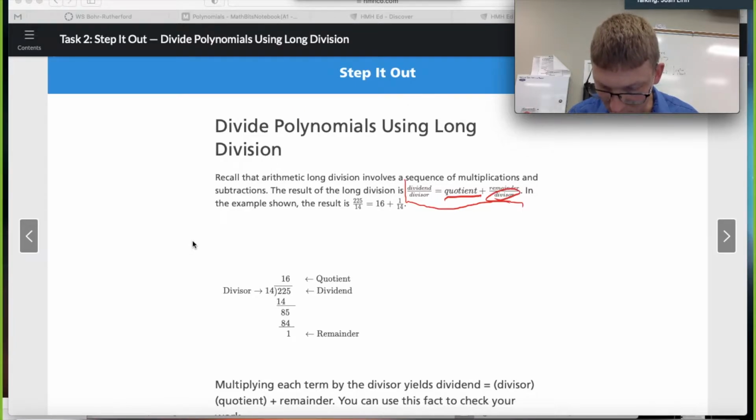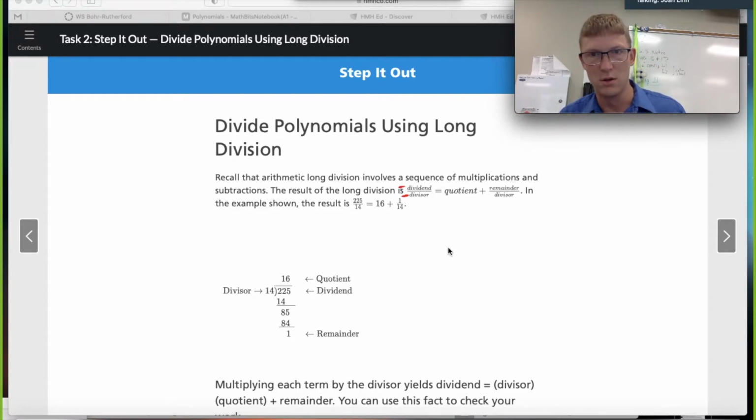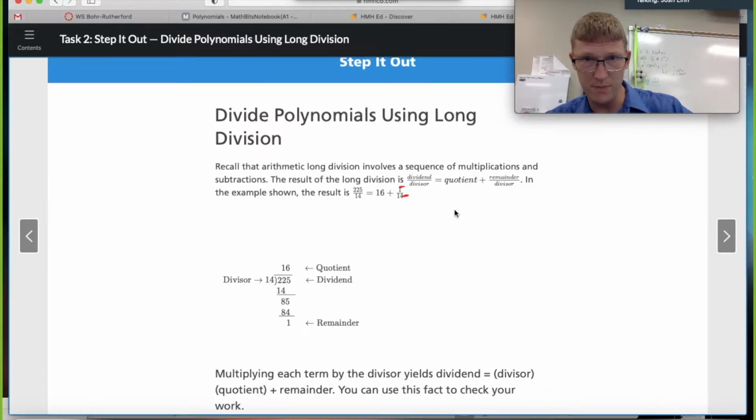over the divisor. So this is good to kind of take note. You have a fraction or a divided by situation. You have your dividend on top, your divisor on bottom. Let's just zoom in. And then you will have your quotient, which is the answer you get, and then the remainder.